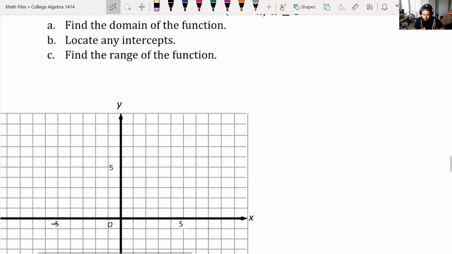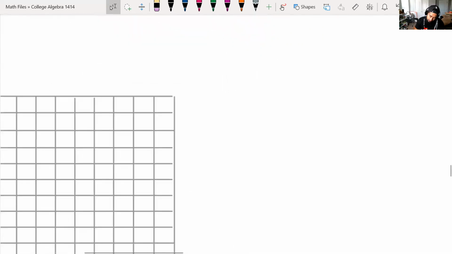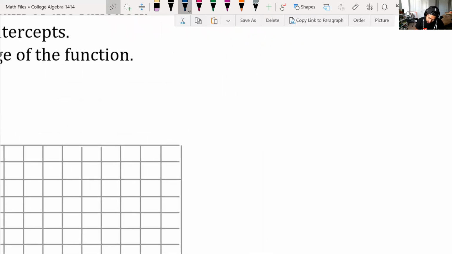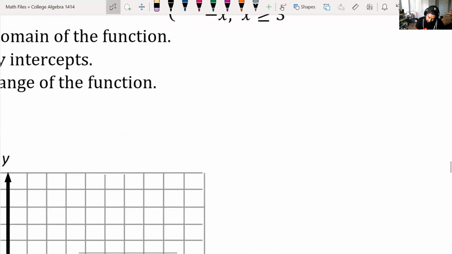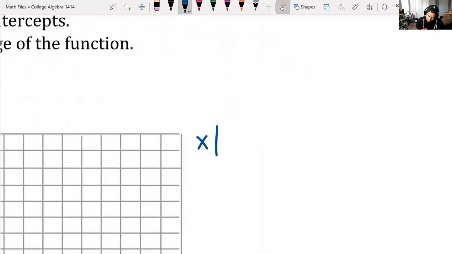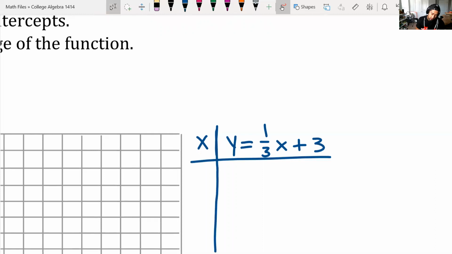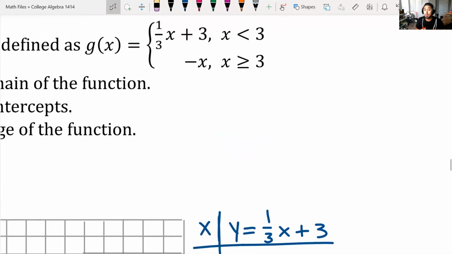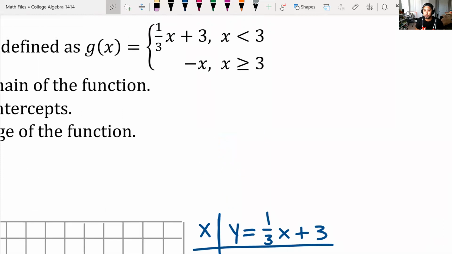So for the first function, I'll put it right here. So we're going to have x and y equals 1/3 x plus 3.